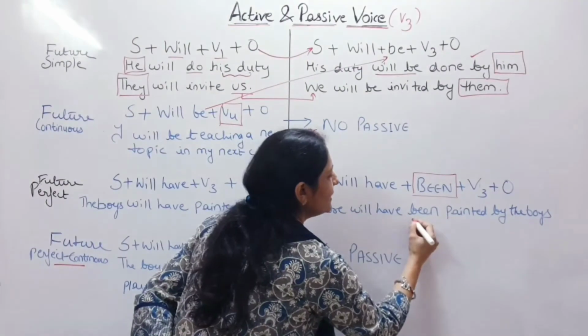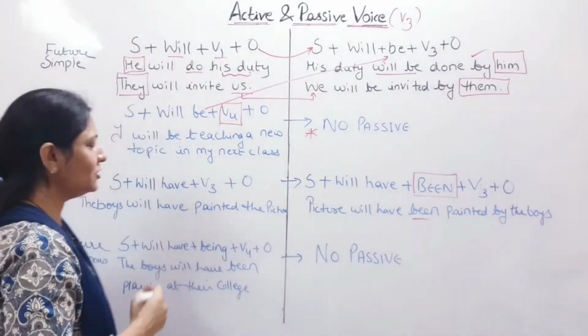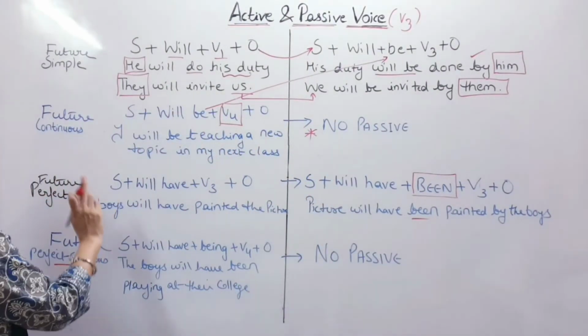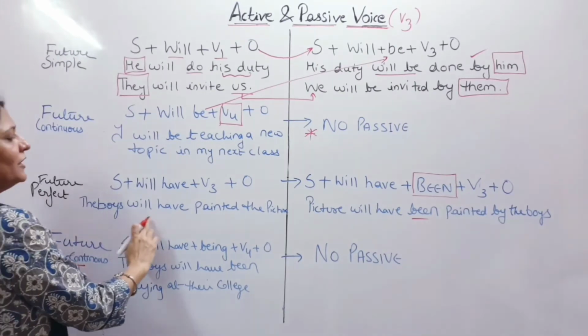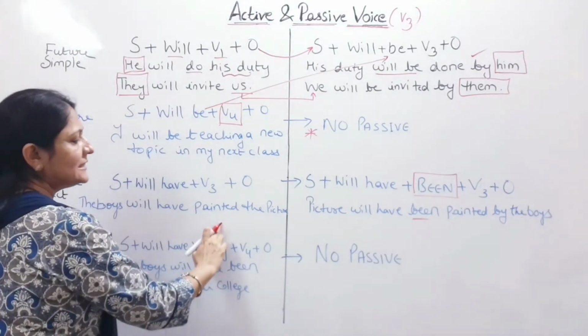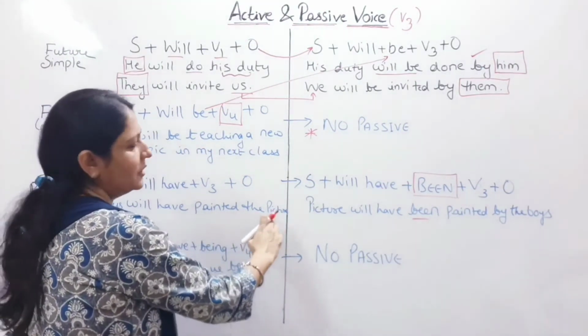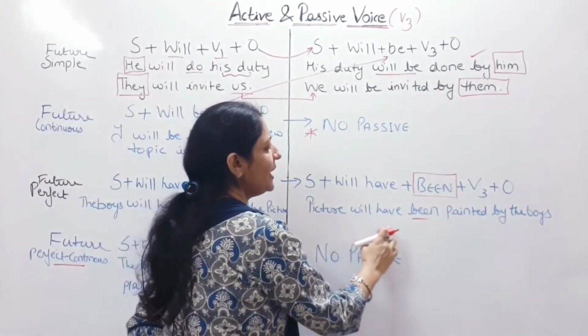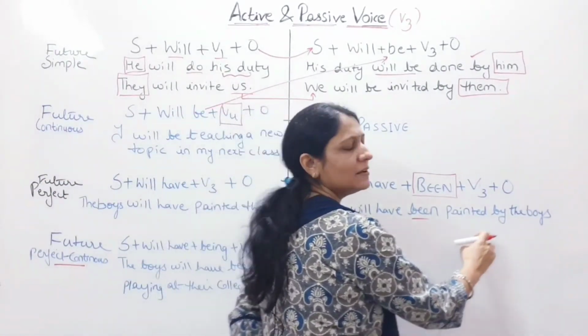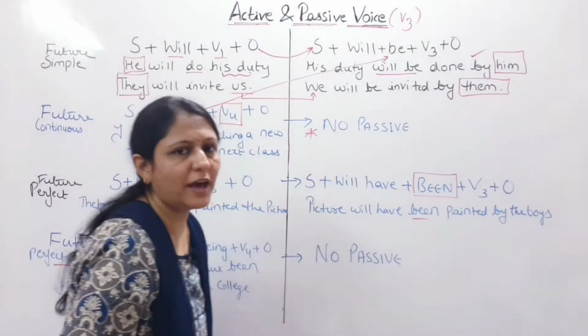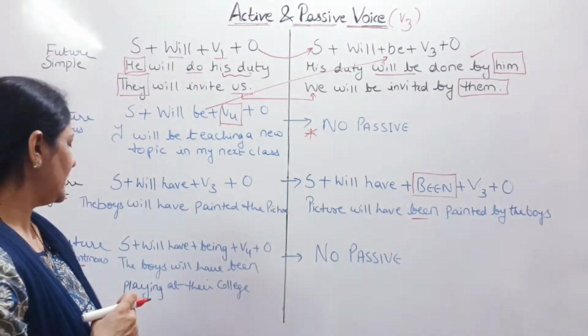We have just added the word been. Can we think of some other example? Ravi will have sung a song. A song will have been sung by Ravi. That would have been the passive voice of this example.